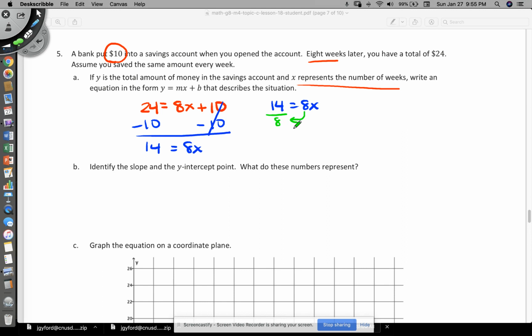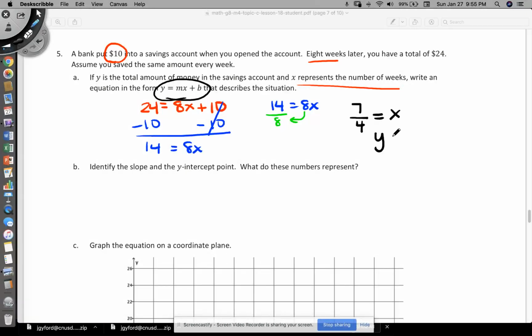We can use a ratio here. So I'm looking for a number that can divide into both 14 and 8, and that would give me 2. So 2 goes into 14 7 times, and 2 goes into 8 4 times, and this is what x is going to equal.